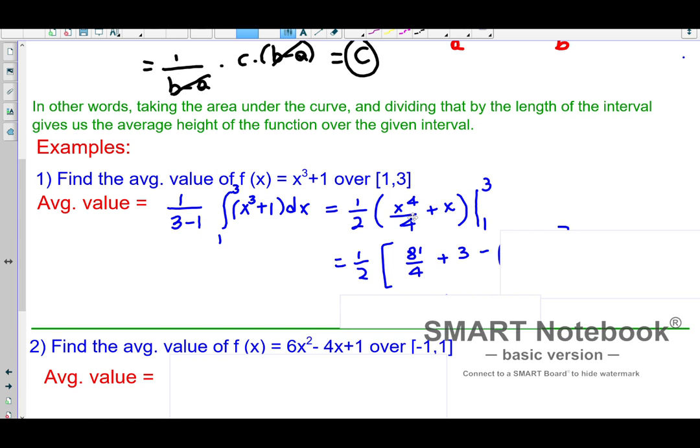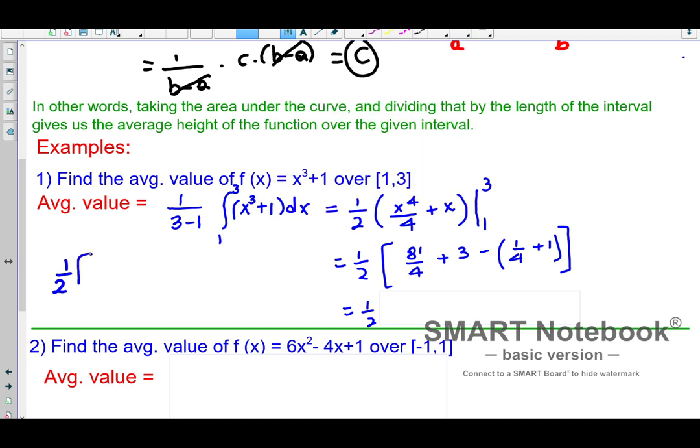This time put in the lower limit, which will be 1 over 4 plus 1 inside the parenthesis. And at this point, you can distribute the negative sign and simplify. So you're going to have negative 1/4 minus 1, and don't forget the 1/2 is out on the outside of everything. Let me do that over here. I have a shortcut there. So we have 1 over 2 on the outside of everything.